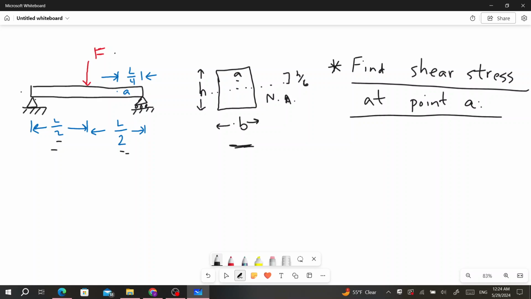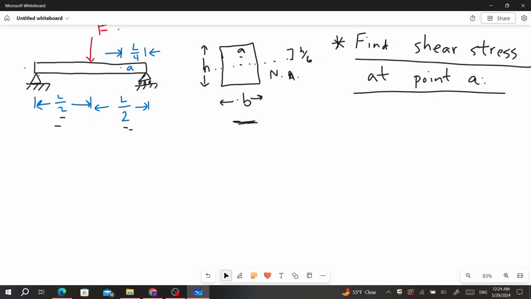So we'll remember that, first off, the equation for shear stress is tau equals VQ over It. The first thing we're going to do is find V. The way that we're going to find V is just like we did in statics.